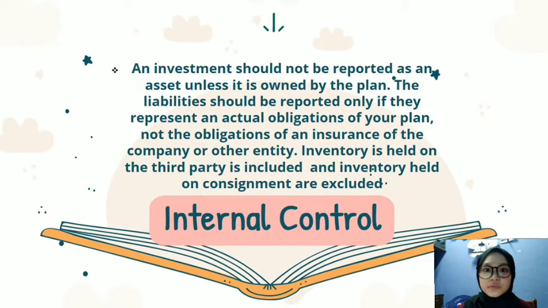The internal control for right and obligation is that an investment should not be reported as an asset unless it is owned by the plan. The liability should be reported only if it represents an actual obligation of your client, not the obligation of an insurance of the company or another entity.